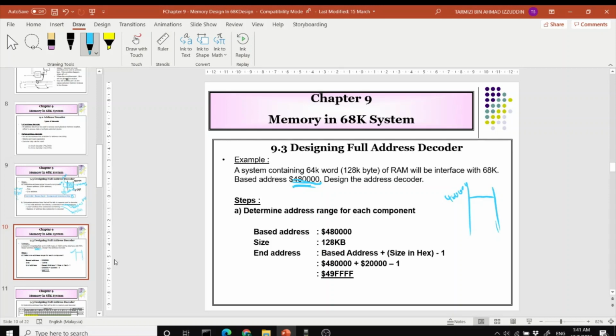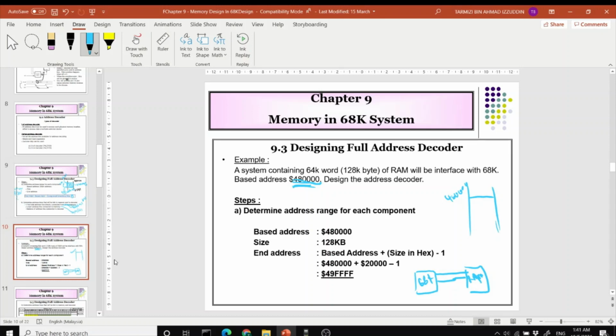So you need to imagine again, you have your 68K, and then you have your RAM over here. This is your RAM. All of this address bus is going to be connected from the 68K to the RAM.